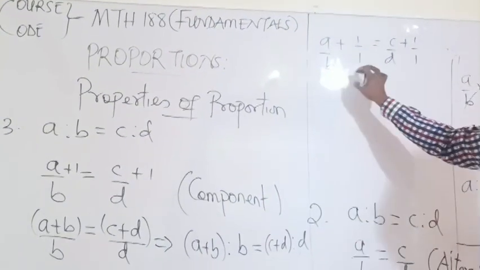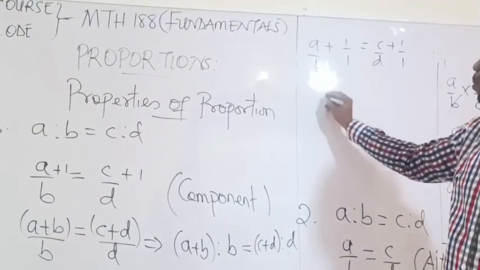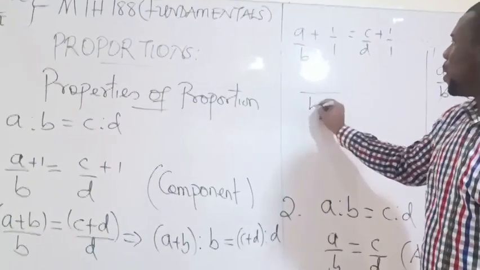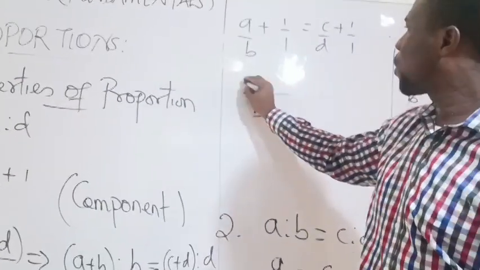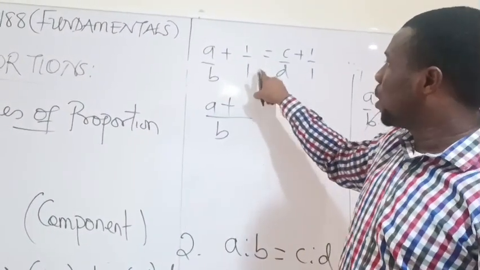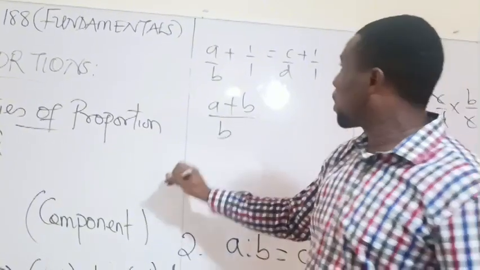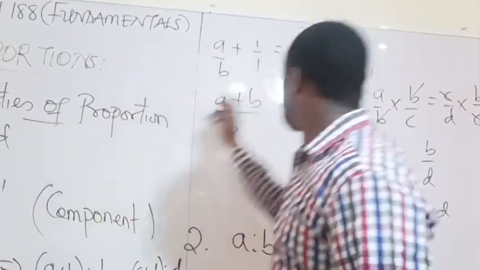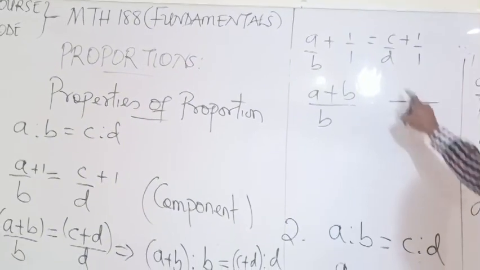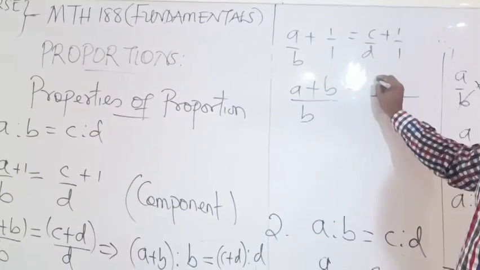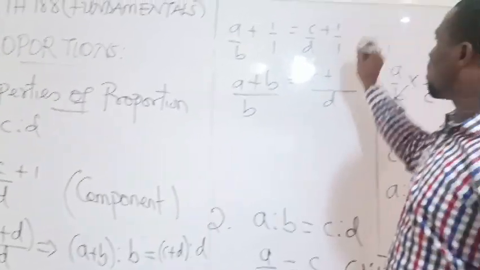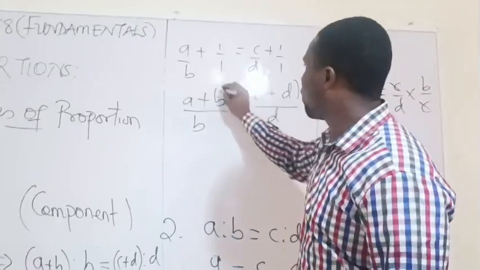I'll take the LCM of B and 1, that's B. B in B is 1 times A is A. I stick in the plus sign, B divided by 1 gives B, then that B times 1 gives me a B. The same goes with this: the LCM is D. D in D is 1 times C is C. Stick in the plus, D in 1 is D, then times 1, I get a D. So that was how I came about this.